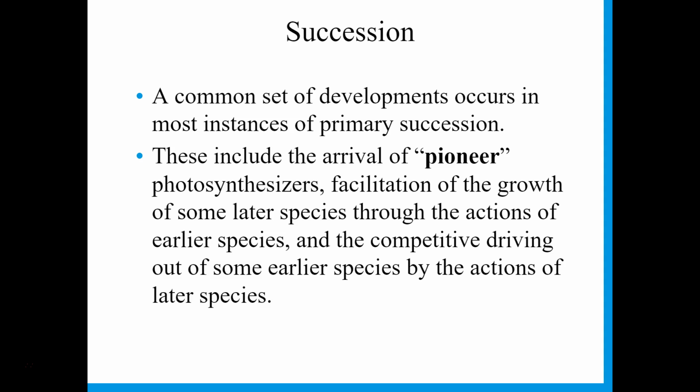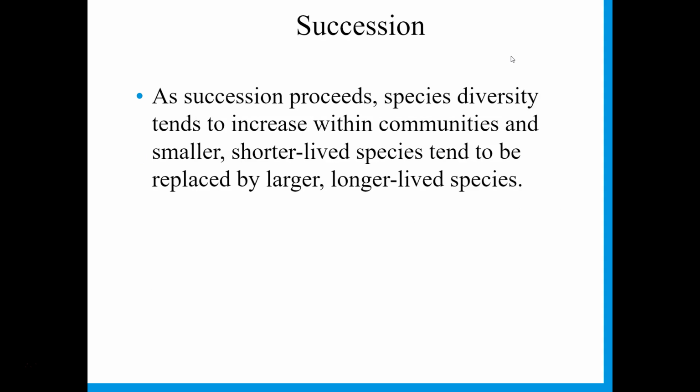So later species are going to drive out earlier species, and then once that community is stable, with those later species driving out whatever they need to drive out, bringing in whatever needs to be brought in, that's called your climax community. As succession proceeds, species diversity increases within communities. Smaller, shorter-lived species tend to be replaced by larger, longer-lived species like those big trees.